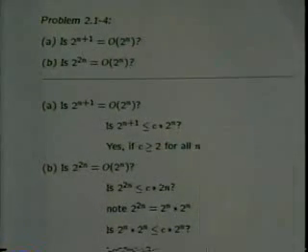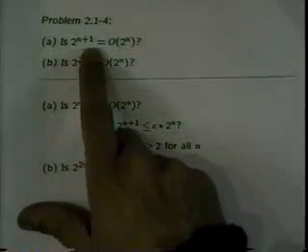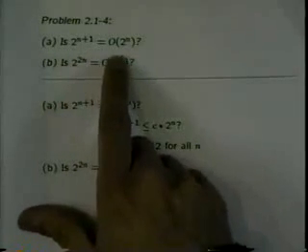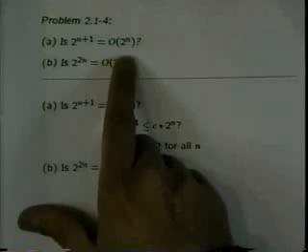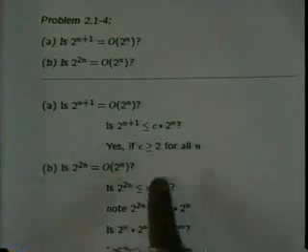The second problem of the day, okay, is a similar kind of thing. Is it true that 2^(n+1) is big O of 2^n? If it is, then we can go to the definition. Okay, what is the definition?